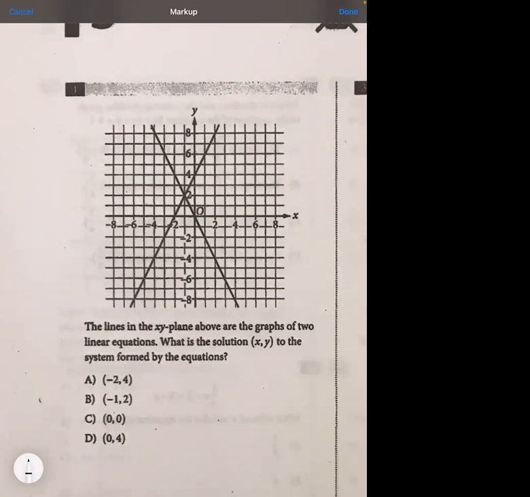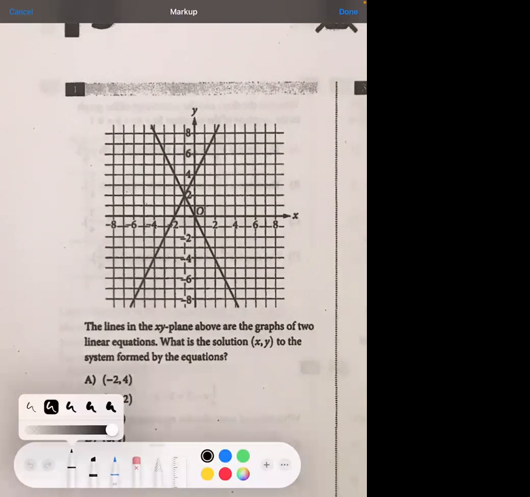Number one, the lines in the XY plane above are the graphs of two linear lines. What is the solution (x, y) to the system formed by the equations?